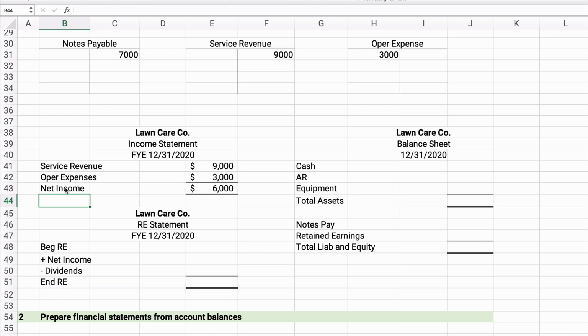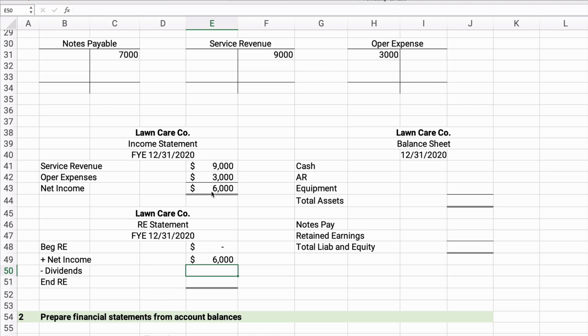It is $6,000. Now let's think about his lawn care company retained earnings. Retained earnings, this is the very first year of operation, so we start with 0. We're going to add the 6,000. Now we could have dividends. I'm calling it dividends because typically you're going to see beginning retained earnings plus net income minus dividends.